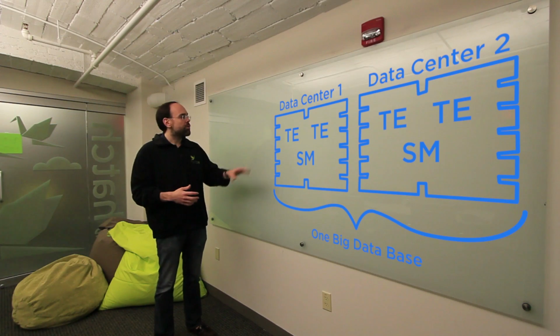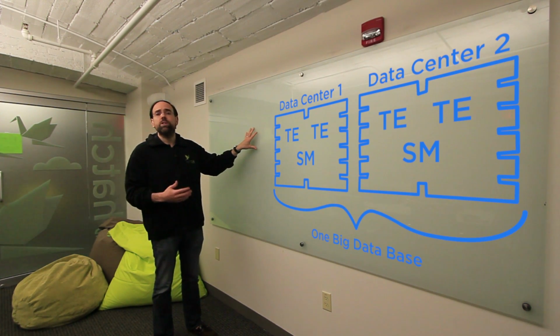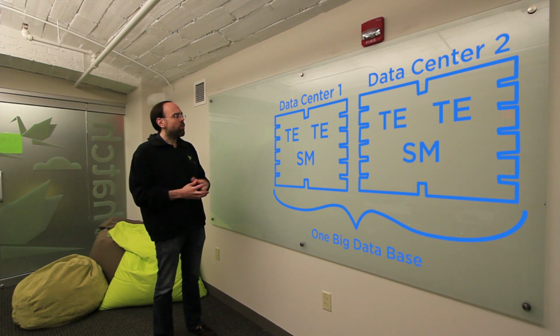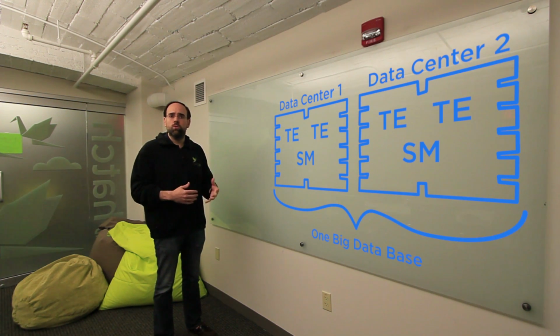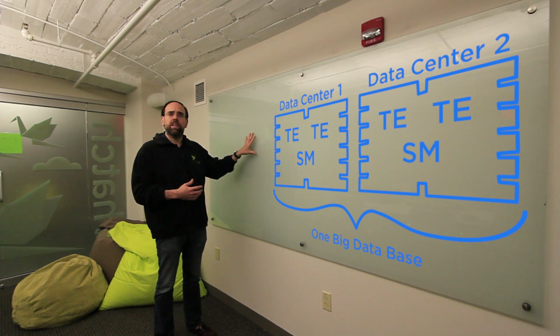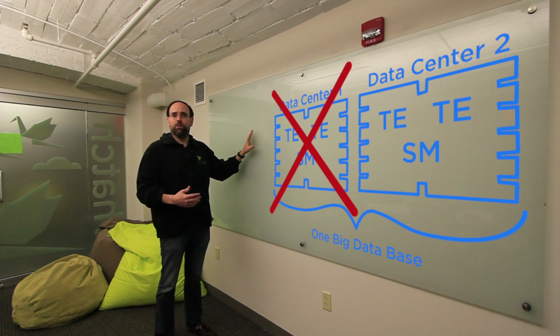So as we talked about in previous videos, part of what NuoDB gives you is this scale-out model, whether you're in a single data center or whether you're actually scaling across multiple data centers. Something we call here geo-redundancy or geo-distribution. What that means, of course, is that not only can you lose a single host in a database and stay active, but in fact, if you need to, you can configure your database across multiple data centers, and if you lose a complete data center, you still have your database available.